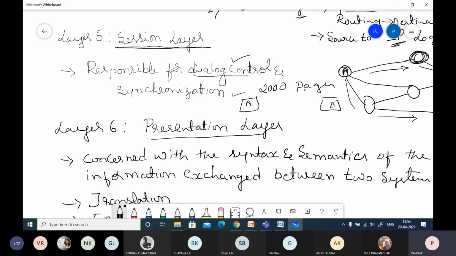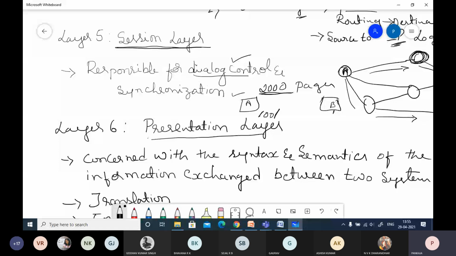Now if I send all 2000 pages at the same time and some data is lost, device B will inform that it has not received the data correctly. In that case, device A once again has to send all 2000 pages. So instead of that, let us put checkpoints, one for every 100 pages.